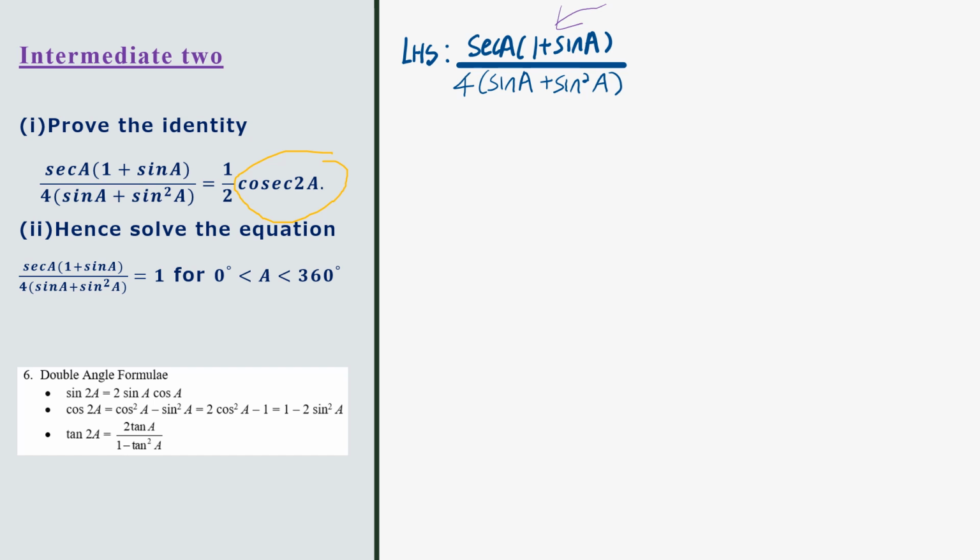If you look at the denominator, the common factor is sine A. So let's leave the numerator alone and factorize sine A from the denominator. You'll see that this and this just give you 1, and you're left with secant A over 4 sine A. Secant A is 1 over cos A.